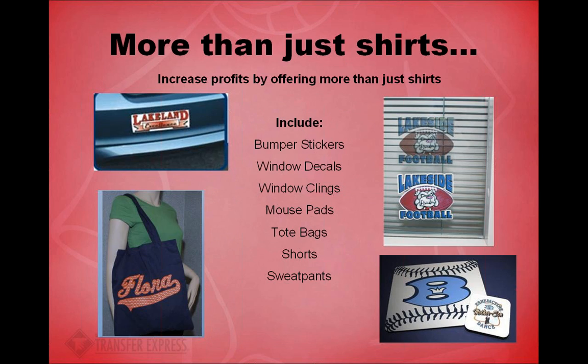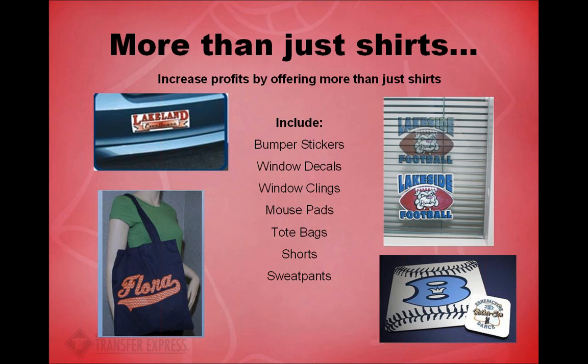Also, as you can see here, you can increase your profits by offering more than just t-shirts. You can also include doing bumper stickers, as you can see there, the Lakeland bumper sticker, doing some window decals and window clings, and that's the picture off to the right.